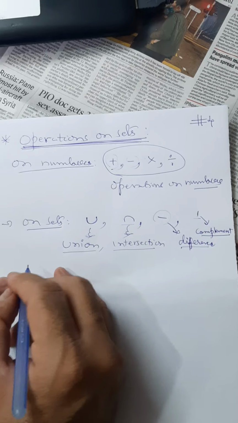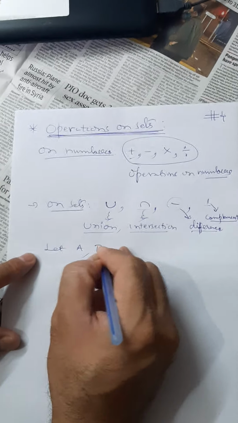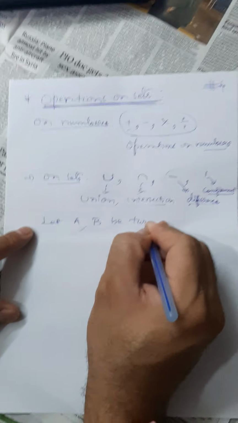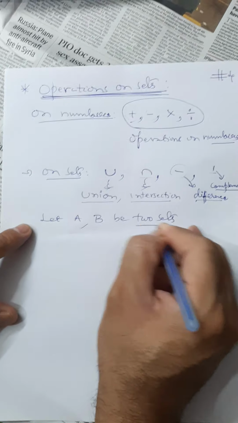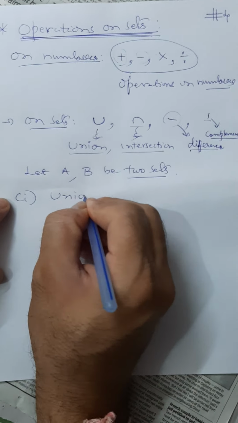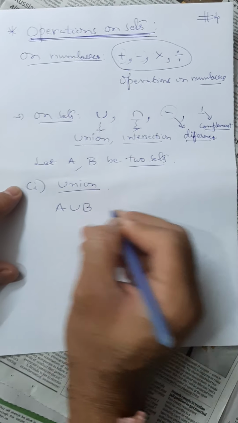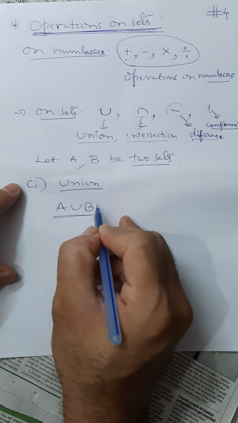So let A and B be 2 sets. The first one is their union, which is read as A union B. How do we read this?